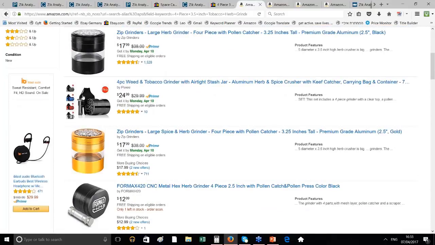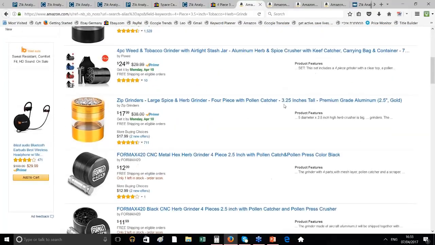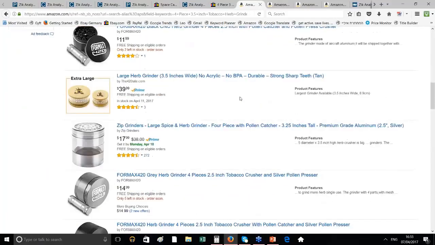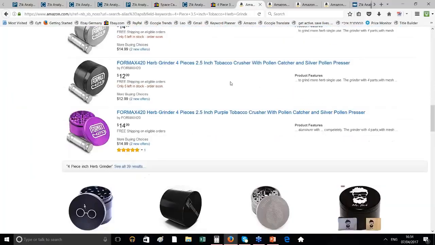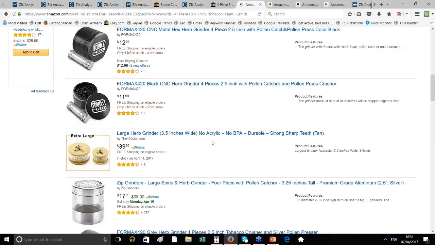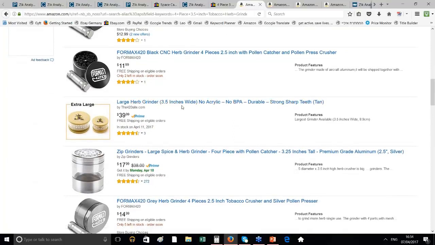Okay, here we have aluminum, $24, 4-piece. Alright, 3.25. Guys, look, unbelievable. This is Poland. No, it's just 3.5. Oh, 3.5. Okay, but this is not aluminum. But this is also interesting.